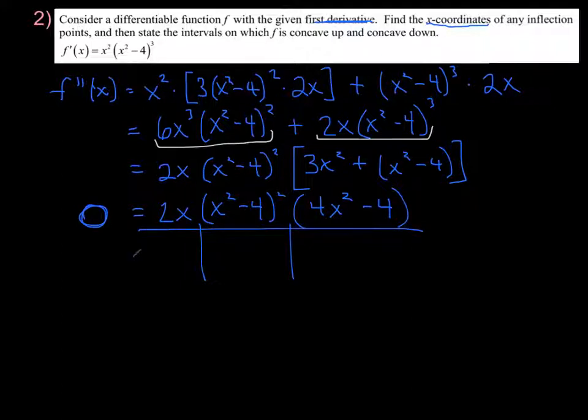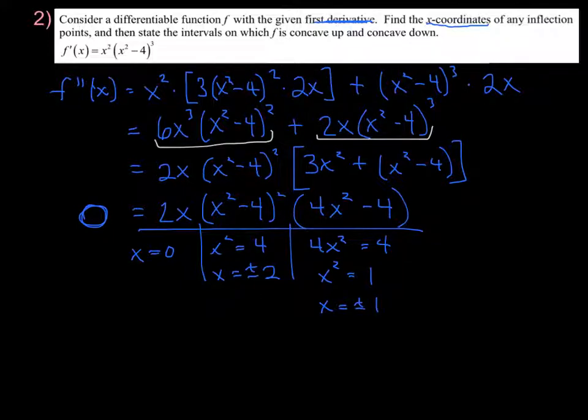So in this first one, I get x equals 0. This next one, if it's a multiple, x squared minus 4 squared, I just have to deal with the inside. So I get x squared equals 4. So x is going to equal positive and negative 2. All right, and for this last one, I would have 4x squared equals 4. So x squared would equal 1. So x would equal positive and negative 1.